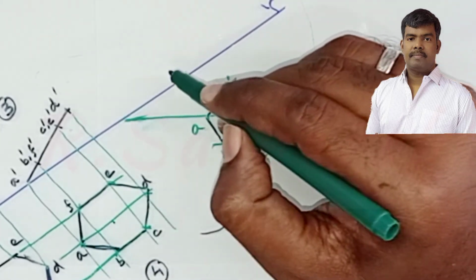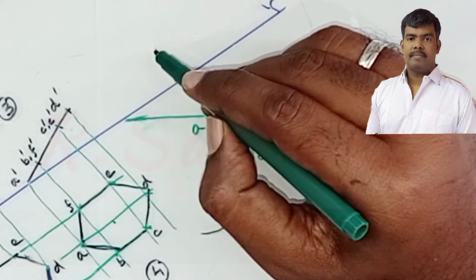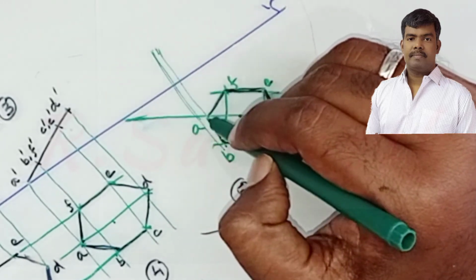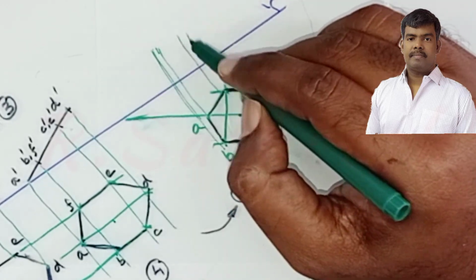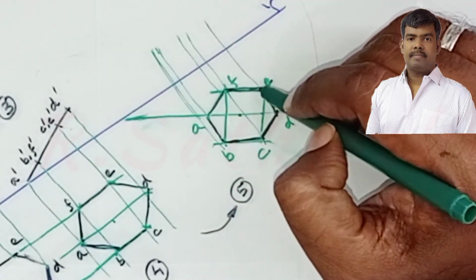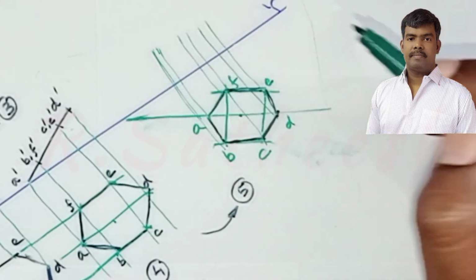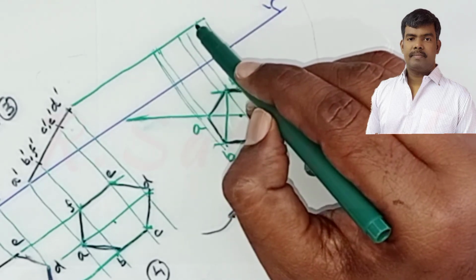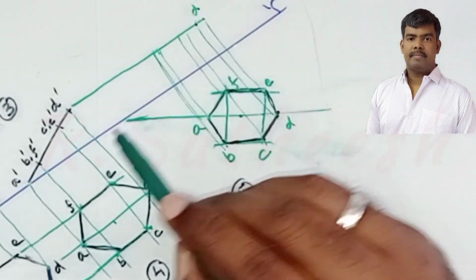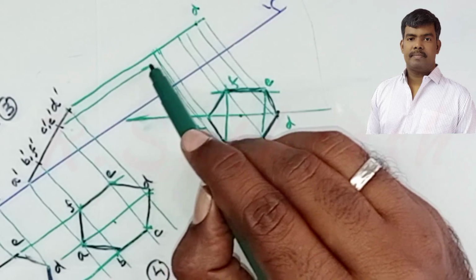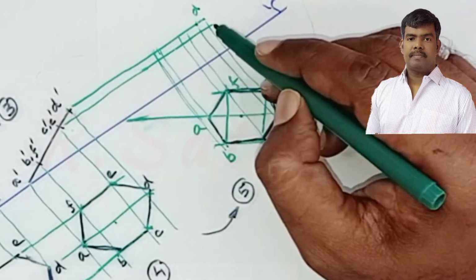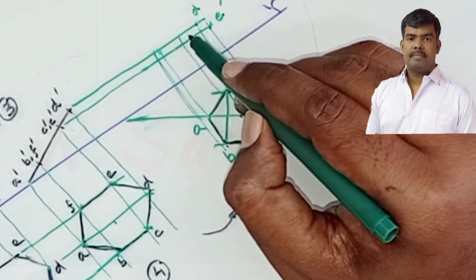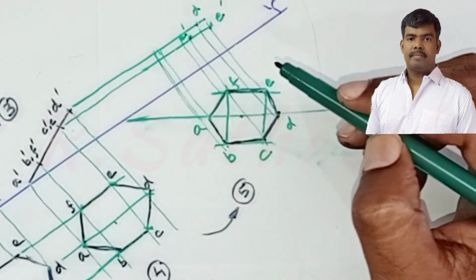From the fifth diagram, B, A, F, C, E, D, like this. Now from here, D versus D, this is D dash. Now C and E: this one is E dash, and this one is C dash.